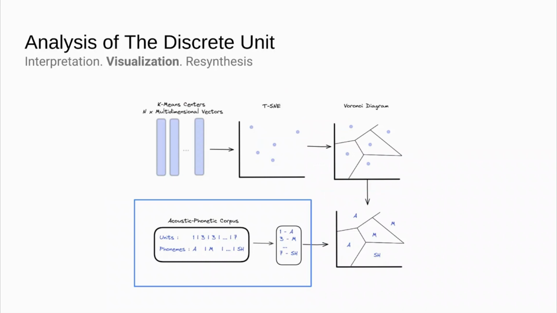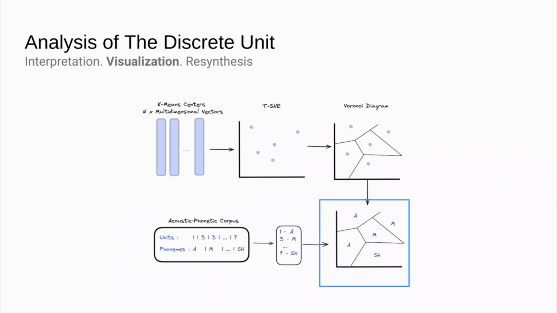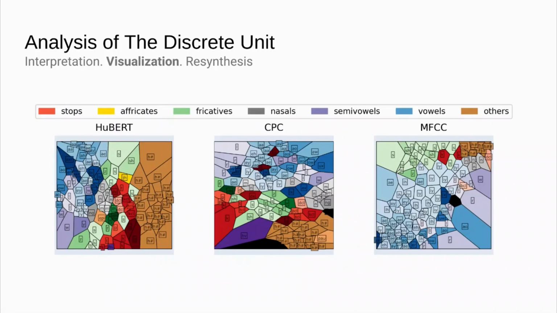In addition, as the bottom row shows, we create a single label to represent each cluster using unit-to-phoneme alignment. Finally, we replace each unit with its corresponding phoneme and color the area based on the phoneme and phoneme family. At the end of this process, we get the following figures.